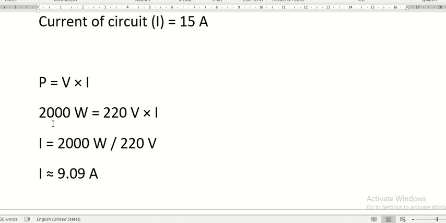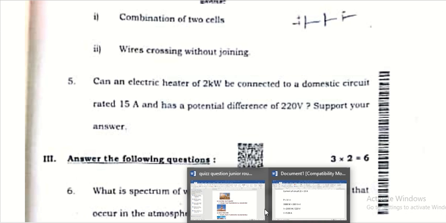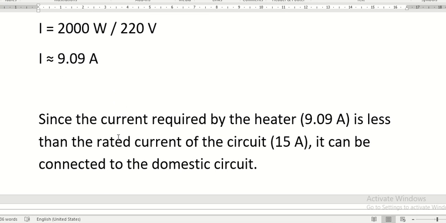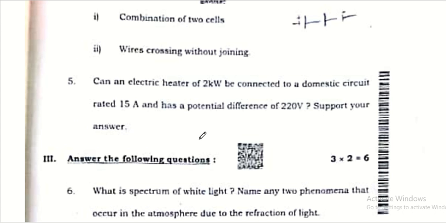P is equal to V into I, so I is equal to 2000 divided by 220, that is nearly equal to 9 amps. In the question it is given as 15 amps. Since the current required by the heater is 9 amps, which is less than the rated current of the circuit, 15 amps, it can be connected to the domestic circuit.